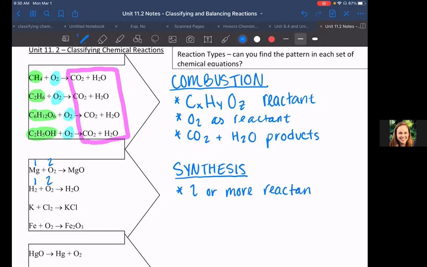And these are going to form just one single product. In order to be synthesis, you have to have only one product. That's important.